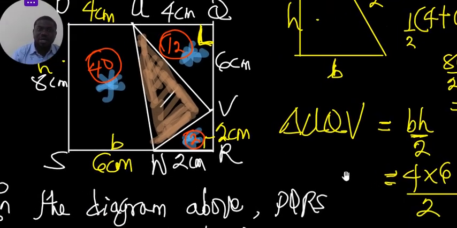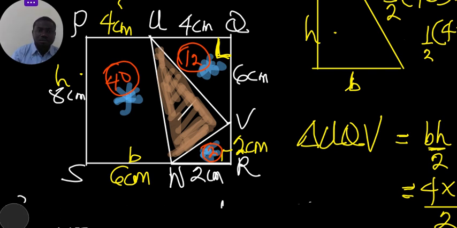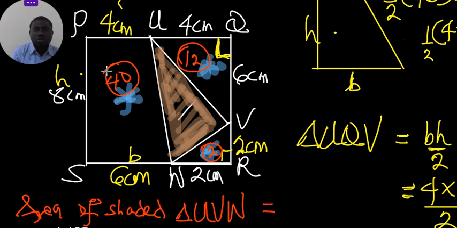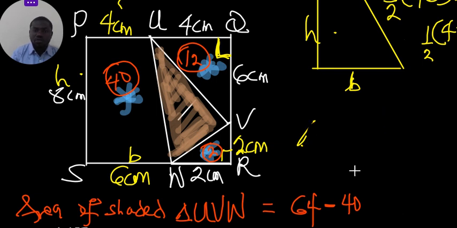Now area of shaded part will be quite easy now. Area of shaded part, which is triangle UVW as required, equals the total area of the shape, 64, minus all other areas, so minus 40, minus 12, minus 2.